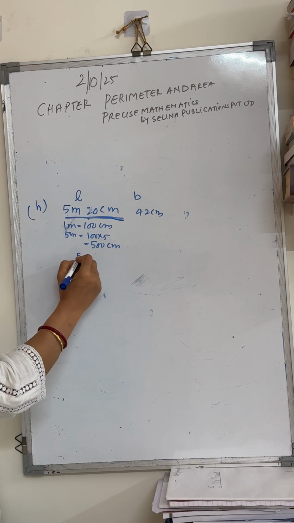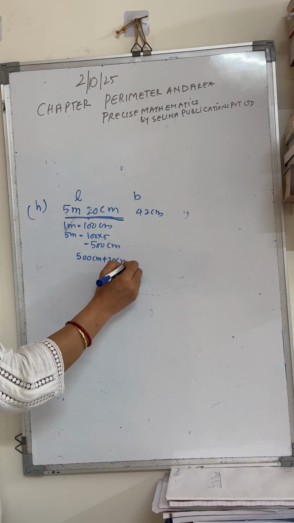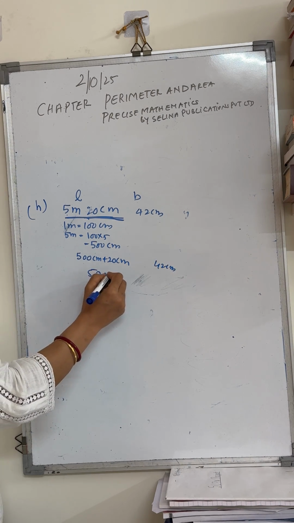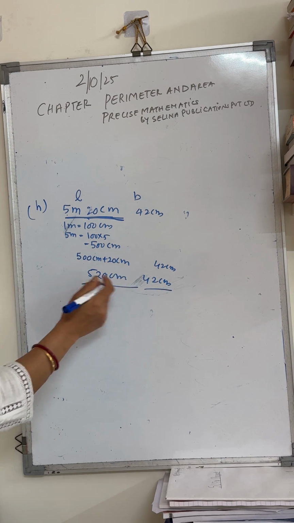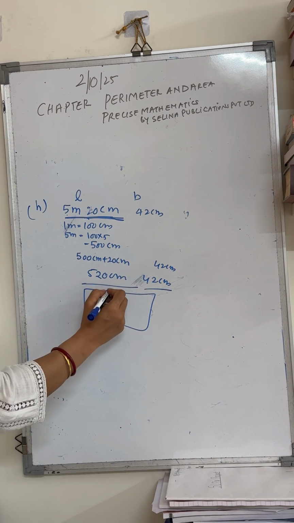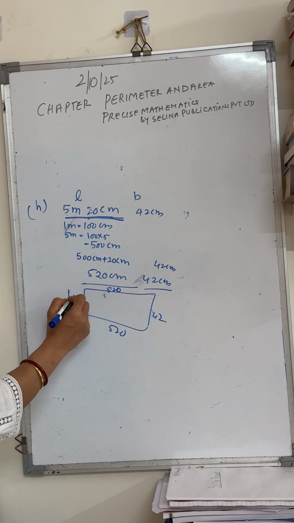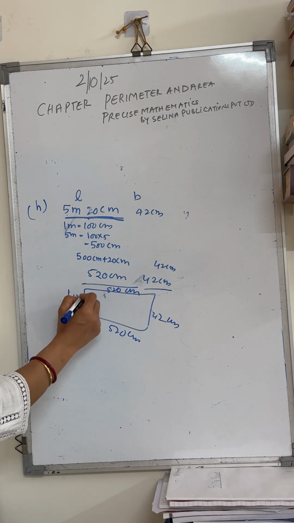So 500 centimeter plus 20 centimeter, and breadth is 42 centimeter. Now you can write 520 centimeter and 42 centimeter. Now we got this. Make a diagram. This is 520, 520, 42, 42 centimeter. Please do not forget.